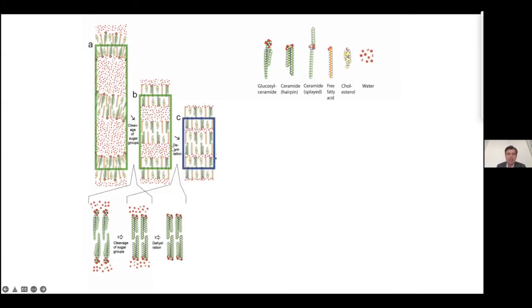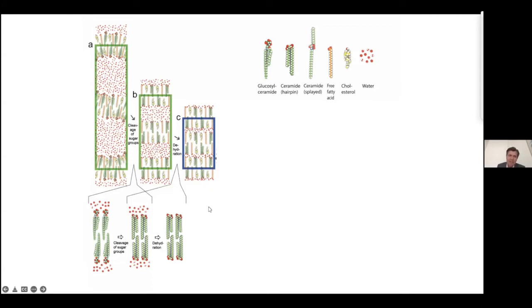So the next step is dehydration. And the effect is that the bilayers come closer together. You see, it gets less and less water. And at the final point, there is no water between the layers anymore. And then the head groups of the opposing bilayers start to touch each other.